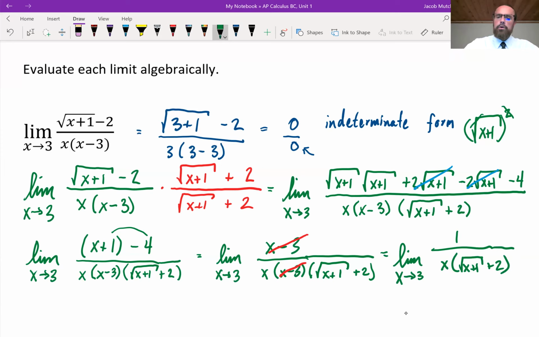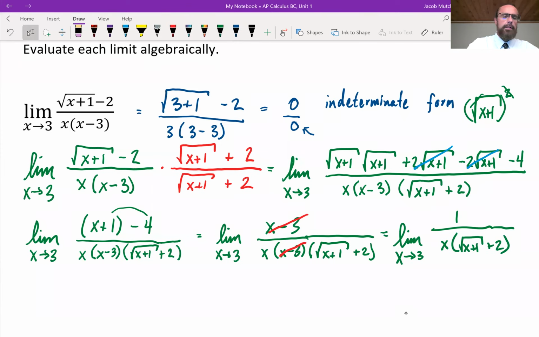So I'm going to scroll up. We've got a few more lines here because this was a little more complicated. But now I can drop the limit because I'm going to put that value of 3 in anytime I see x. So it's 3 in the denominator times the square root of 3 plus 1 plus 2.